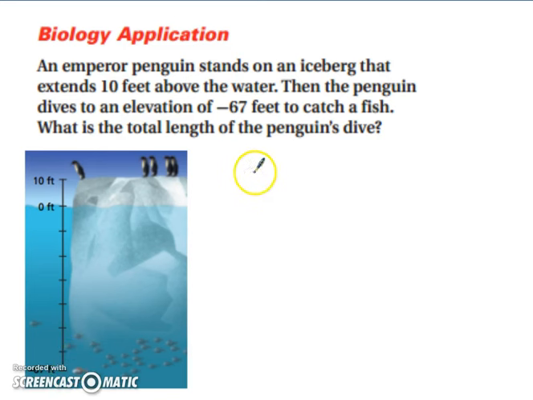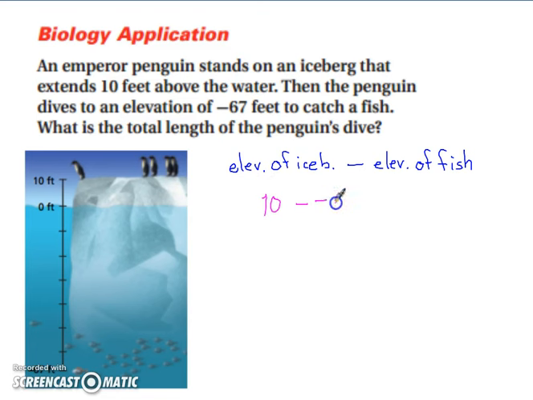Now that you've had a chance to try it on your own, let's try it together. Well, let's start with the elevation of the iceberg, and we're going to subtract the elevation of the fish. That's what we're looking at in words. So the elevation of the iceberg is 10, and then we're going to subtract the elevation of the fish, which is negative 67.